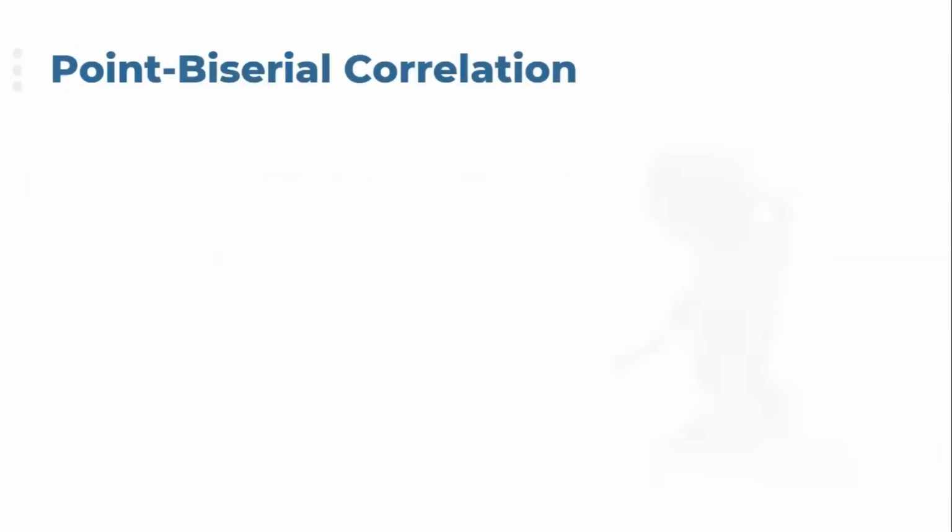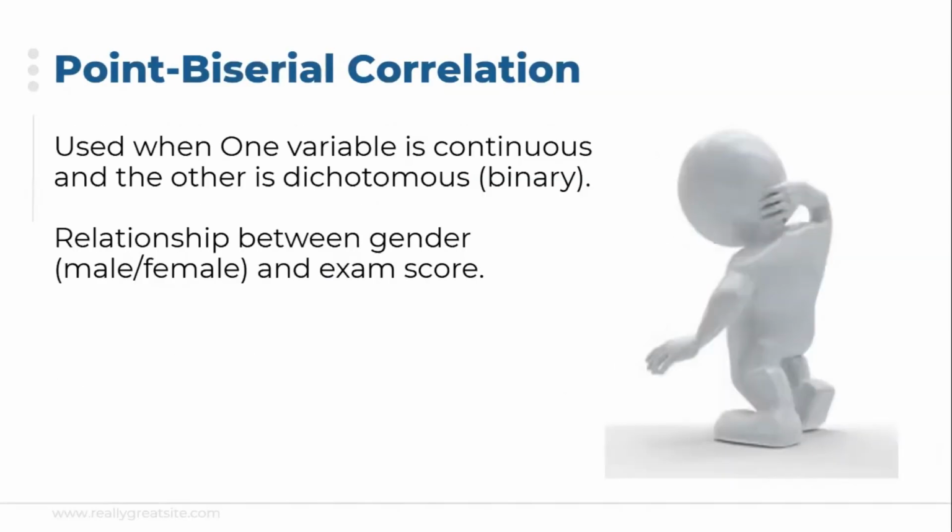There is also something called the point-biserial correlation, which we use when one variable is continuous and the other is dichotomous. The dichotomous variable is what we also call the binary variable, especially when a variable has two categories. For instance, you have gender, where there is a male and a female, okay? So you can try to understand the relationship that exists between gender and the examination score.